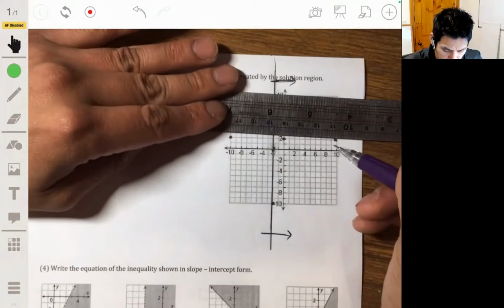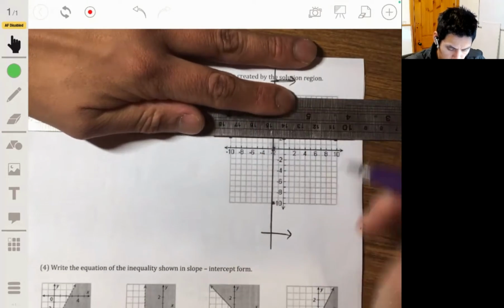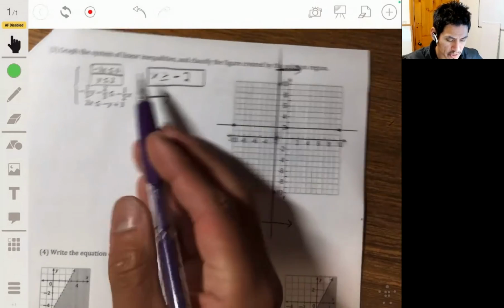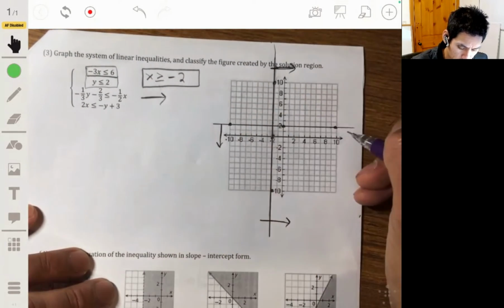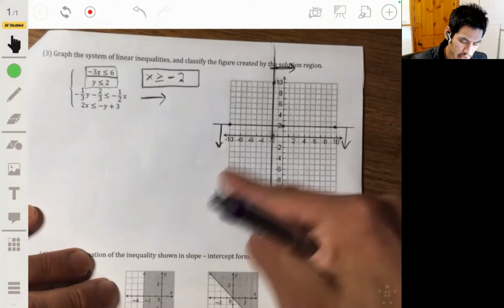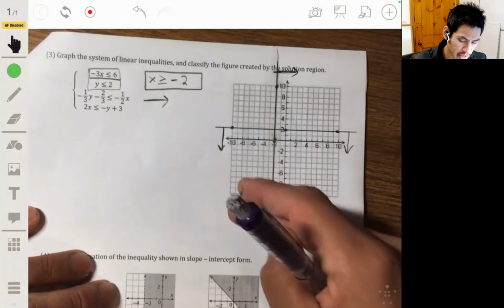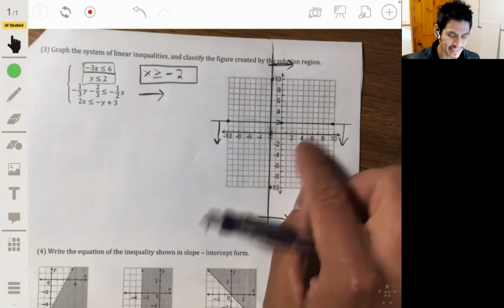So these ones are actually pretty simple if you just don't get this mixed up. Now we're saying less than or equal to 2, so downward, below this line. So then we narrowed it down to over here, somewhere in this bottom left. Or no, sorry, bottom right.